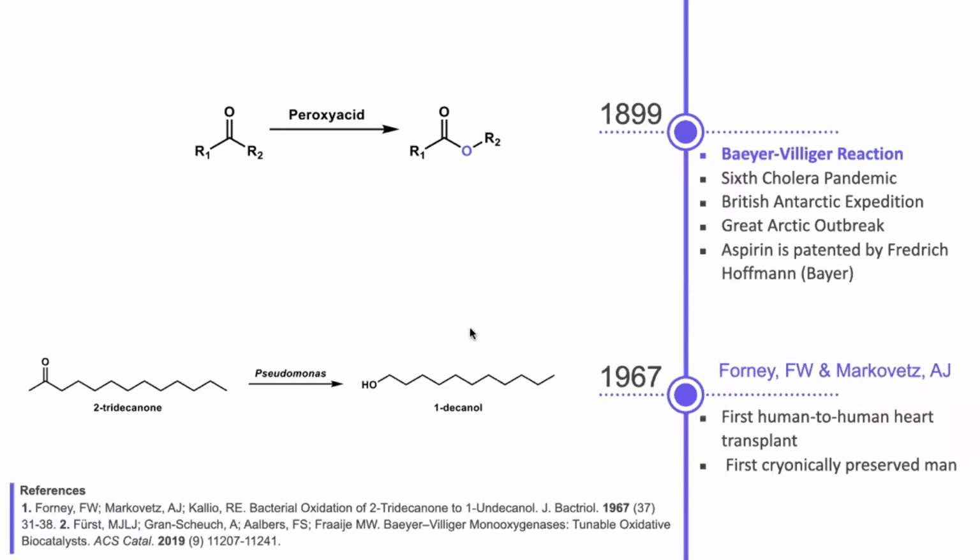This was quite surprising for them because they didn't expect such a product. They were expecting some oxidation of the terminal methyl group. So they postulated that there was some unknown oxidation reaction ongoing in the metabolism of the Pseudomonas strains that they were testing.